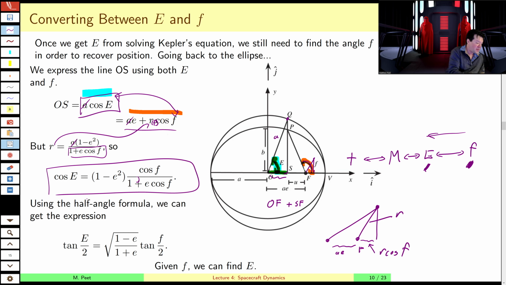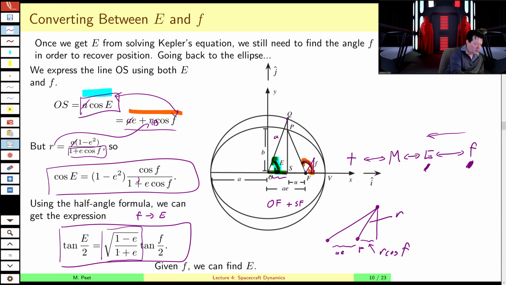Specifically, if we use the half-angle formula, we get an expression in terms of tangent of E over 2, as this coefficient here times the tangent of F over 2. That's much easier to work with, because it goes from F to E, but it's very easy to get the opposite direction.